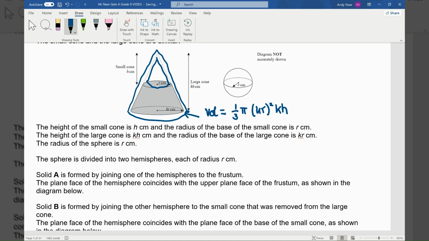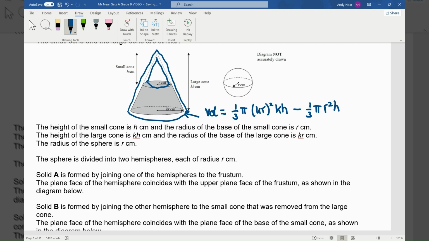And that would give you the volume of the big cone. We're now going to subtract from that the volume of the small cone.